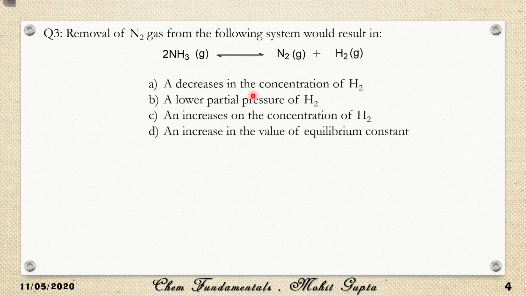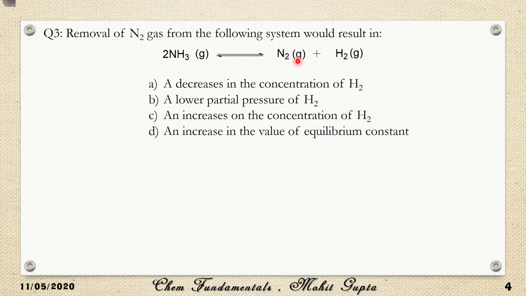So option A, decrease in the concentration of H2, is absolutely incorrect. Lower partial pressure of H2, no, which means the concentration of H2 is again decreasing, which is not the case. Increasing the concentration of H2, yes, the concentration of H2 is increasing. An increase in the value of the equilibrium constant, no, this is also incorrect. Why? Because the equilibrium constant is the concentration of product divided by the reactant.